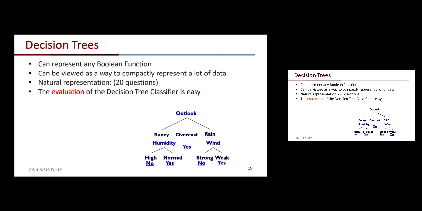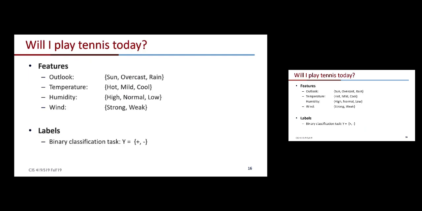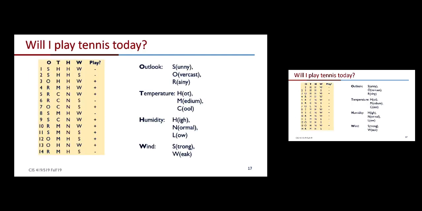Here is the data. This data has 4 features: outlook, temperature, humidity, and wind. Each feature has a few values. Outlook, for example, could be sunny, overcast, or rainy. Temperature can be hot, medium, or cool, and so on.